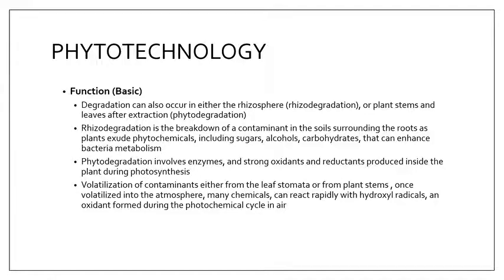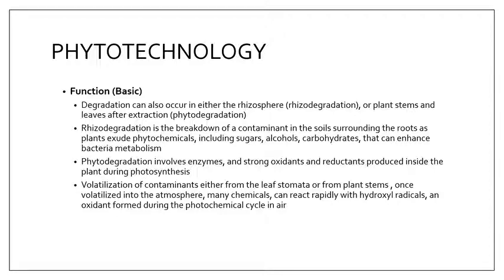So these are produced during the photosynthesis of your plants, and these help break down your contaminants inside your plant. So this is quite different in rhizodegradation, where the degradation is actually still occurring in the soil, okay? But it's just accelerated by the plants who are essentially feeding the bacteria around so that the bacteria can break down the contaminants.